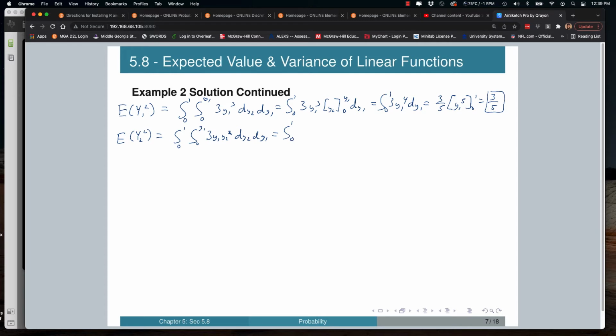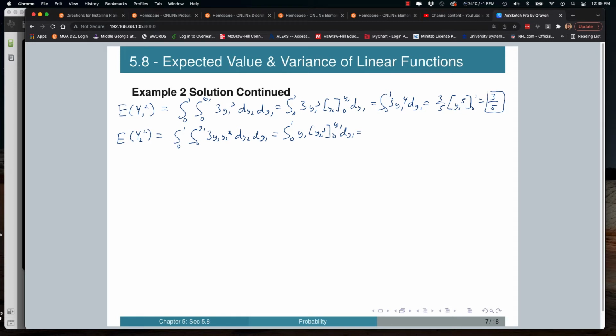I'm getting the integral 0 to 1 of, let's see here, the y sub 1 is the only thing that's constant. So y sub 2 squared is y sub 2 cubed over 3, which means the 3 goes away, so we end up getting y sub 1, and we're evaluating y sub 2 cubed from 0 to y sub 1.